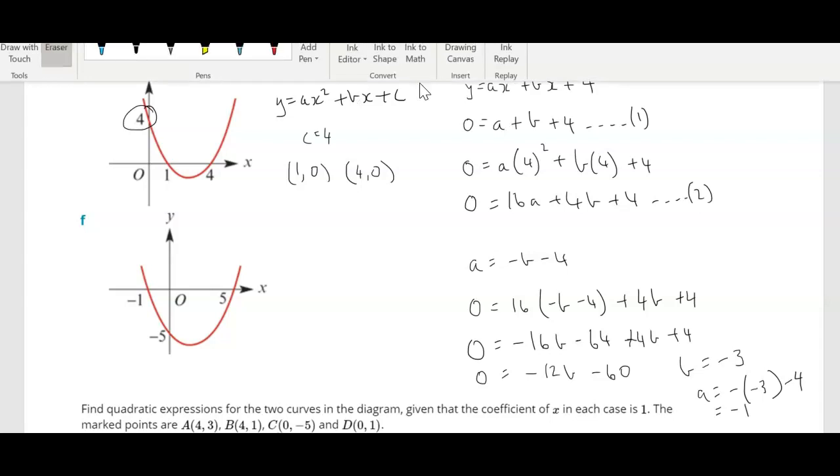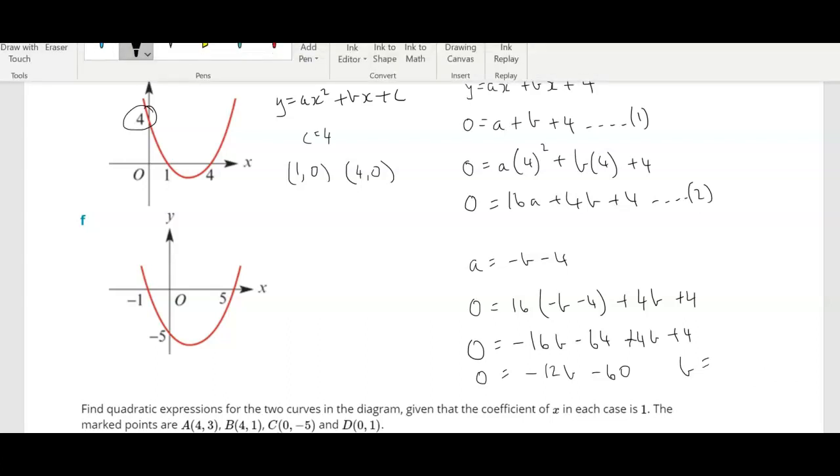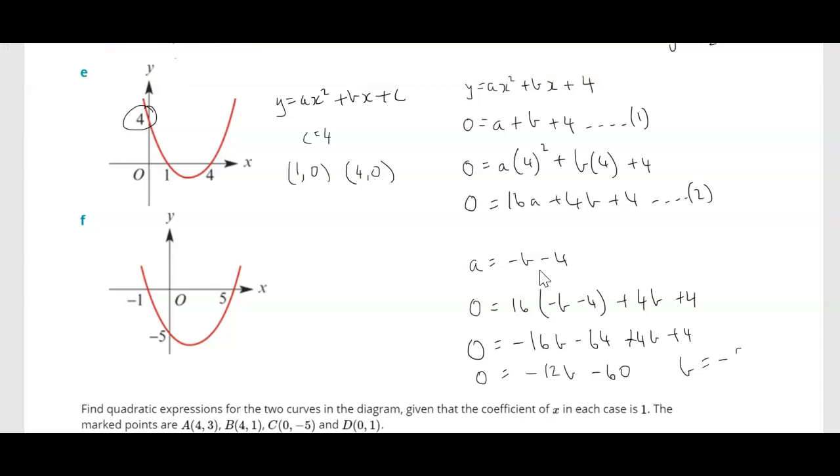And let's just fix what we've got around here. So I might just rub that all out. I'll just start again. All right, so 12b equals negative 60, so b equals negative 5.